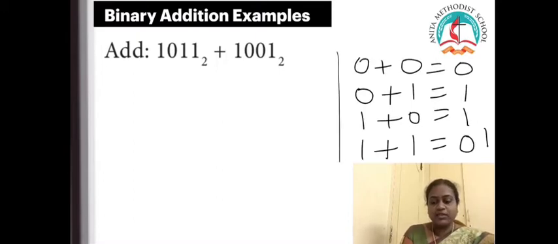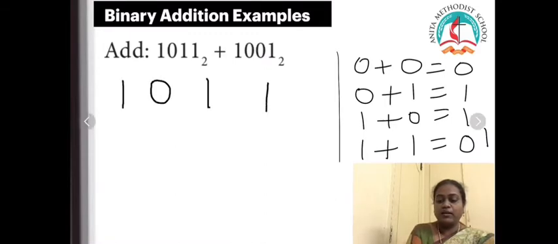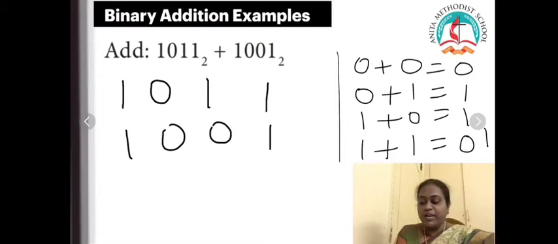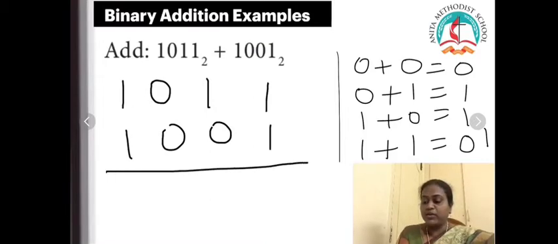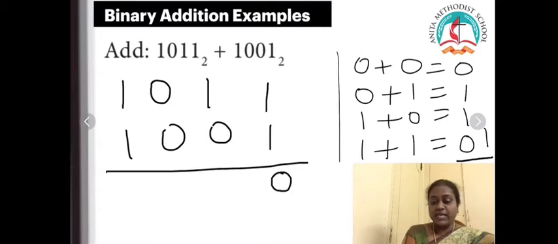Okay, let's start to work out the sum. 1 0 1 1, 1 0 0 1. 1 plus 1. So my sum will be 0 and my carry will be 1.